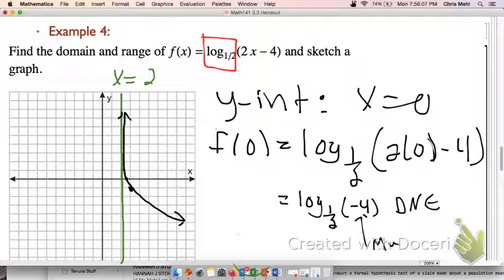The input must be positive, or the function does not exist. So there is no y-intercept, but we saw there was an x-intercept.